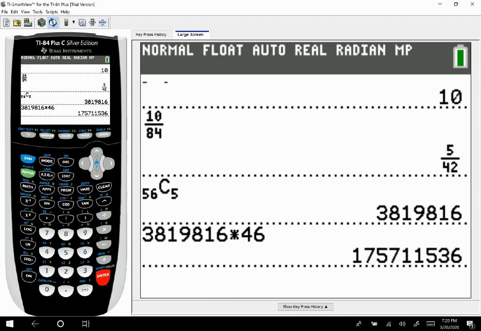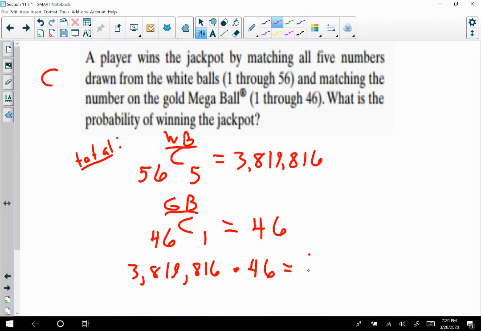And there it is: 175,711,536 ways to make a lottery ticket. That's a lot.